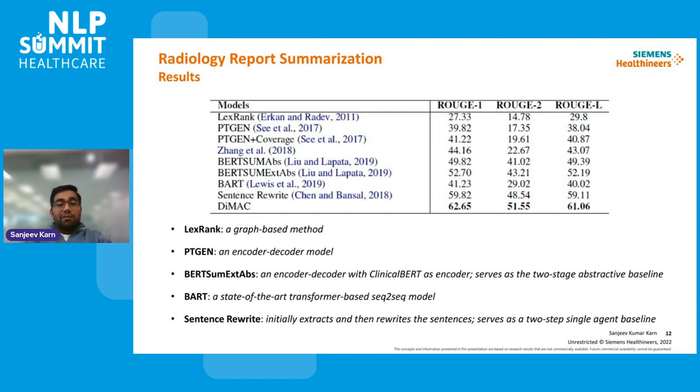BertSumAbs is a one-step end-to-end model. Here, the encoder consists of just BERT, self-supervised trained BERT, and then the decoder is trained from scratch. But BertSumExtAbs is a two-stage system.